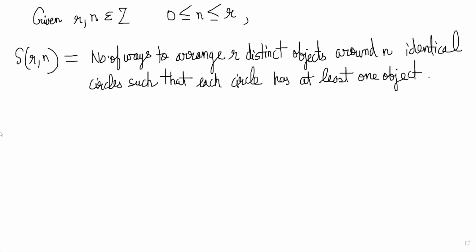Correct. Now, this number of ways is basically called Stirling numbers of the first kind.